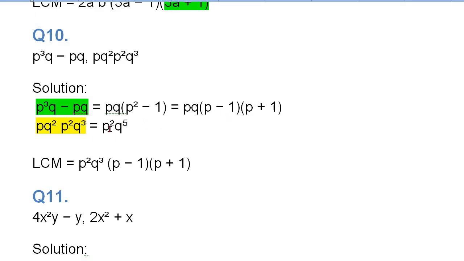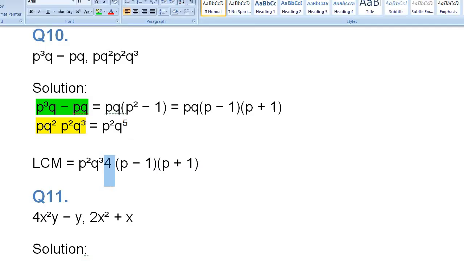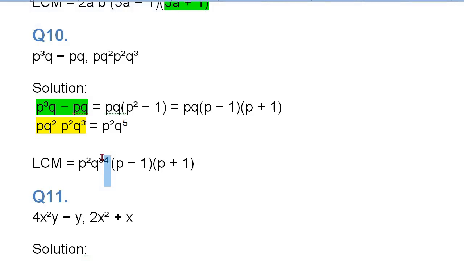Now pq you have taken, and the remaining terms are p minus 1 and p plus 1, and the remaining p power. Pq is common, so one p is taken and the remaining p has power 4. So this is your answer. It means you have to take the common one time, and then you have to take the remaining left.